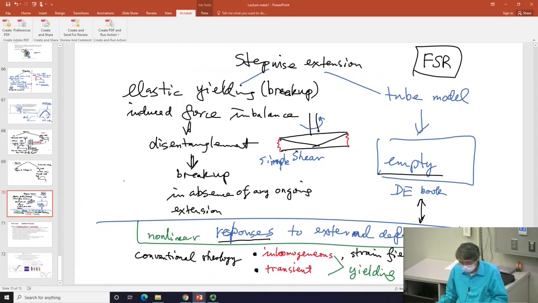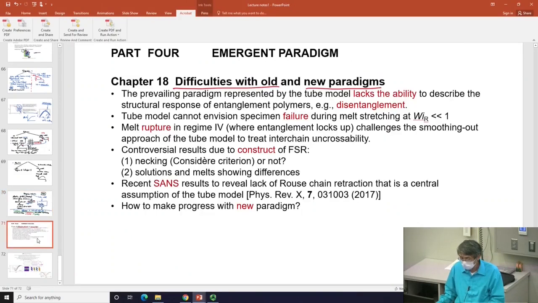All right, so what else is there to say? According to this outline, I do wish to make a comment about some attempts to probe the foundation of the tube model. One of the key foundations is the assumption that this finely deformed tube inside leaves a Rouse chain that can retract freely.